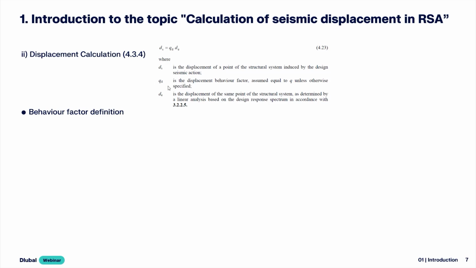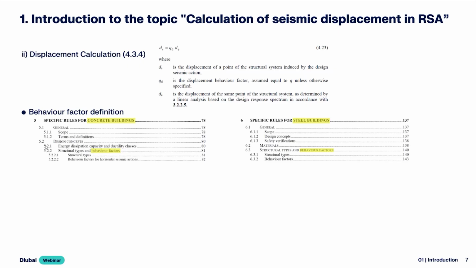So Q or QD, we are going to talk about this behavior factor definition. Originally this Q, and we have two examples here extracted from the reference one, code 8. This is simply the behavior factor definition for two materials, for concrete and for steel buildings.